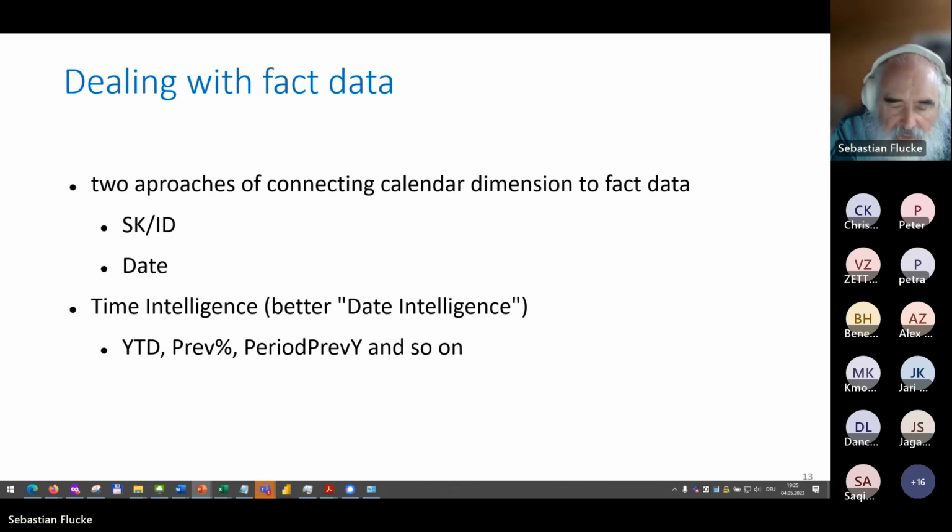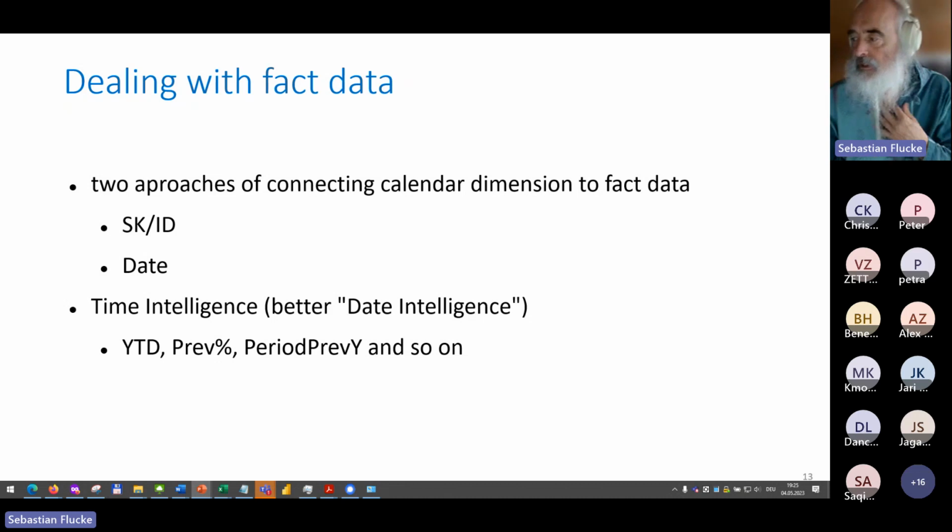A second point we have to recognize regarding fact data is a mechanism called time intelligence. Time intelligence is the more or less official term for that.